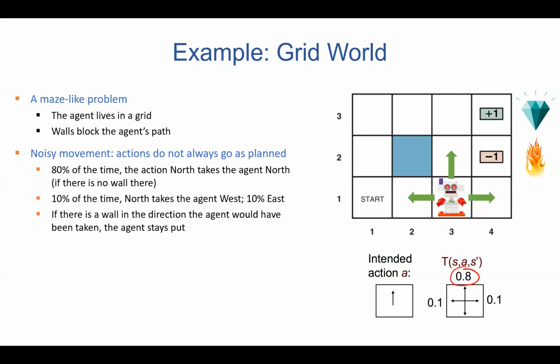And there is a 10% chance, even if it wanted to move north one step, that it might just go west. Okay, so this is the probability, or the uncertainty, that we will involve in it. So intended action A, just go north, but there are certain probabilities that are involved. That is where we're going to add the uncertainty, or add the probability.